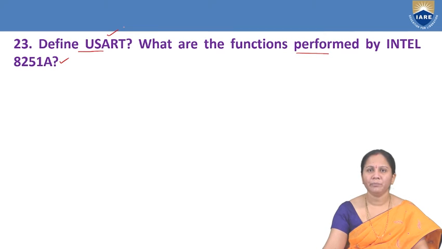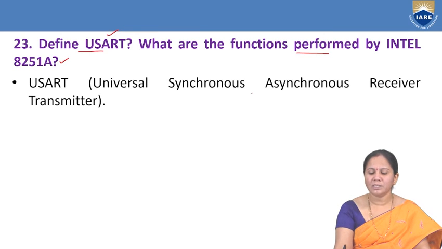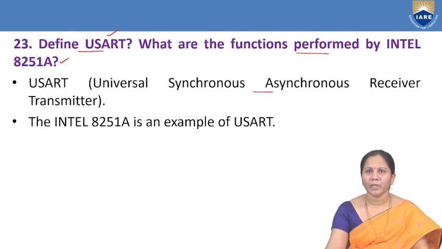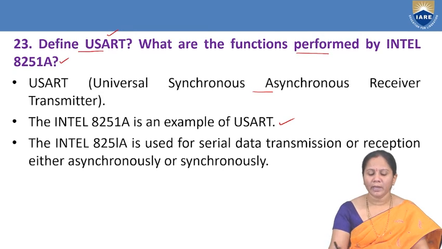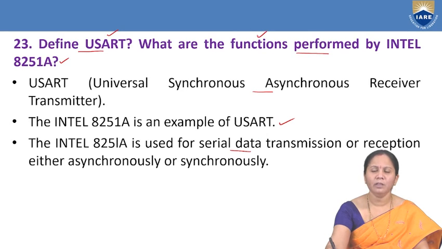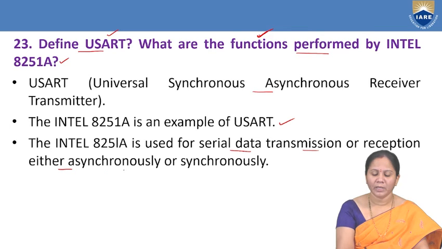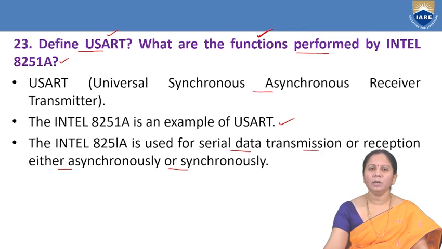USART stands for Universal Synchronous Asynchronous Receiver Transmitter, and Intel 8251A is a USART IC. They are asking about the function also. The Intel 8251A is used for serial data transmission or reception, either synchronously or asynchronously.